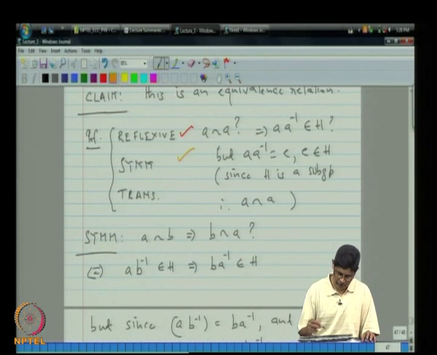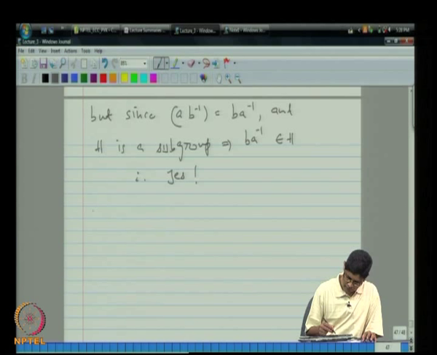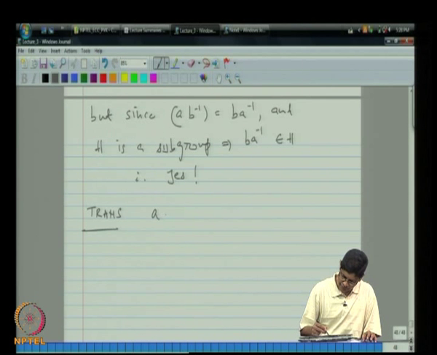So, that leaves us with the transitive property. The transitive property asks if A is equivalent to B, B is equivalent to C, does this imply that A is equivalent to C?